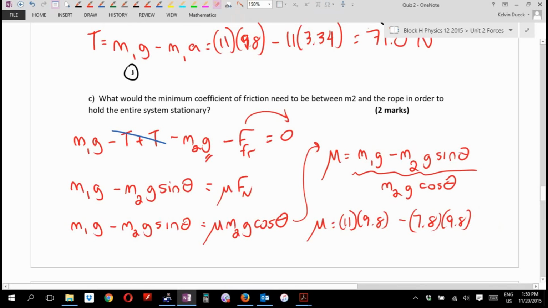I did it again. Of course I did. All divided by 7.8. Oh, I just noticed I was too focused on the question. I could have done this, because there is a G in everything.